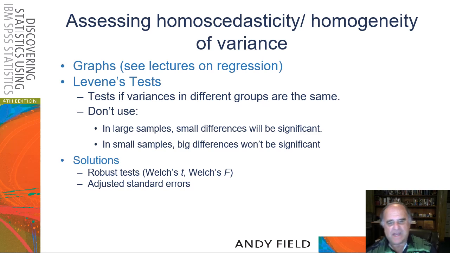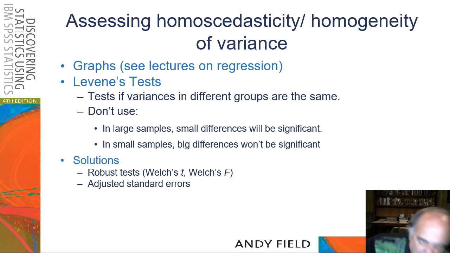If you have small samples, big differences will be significant. Although actually, I would say with small samples, if you only have a couple of people, you can get really odd variances. So with small samples, big differences can be significant, but they can be very artificial because you're calculating the variance on so few people.